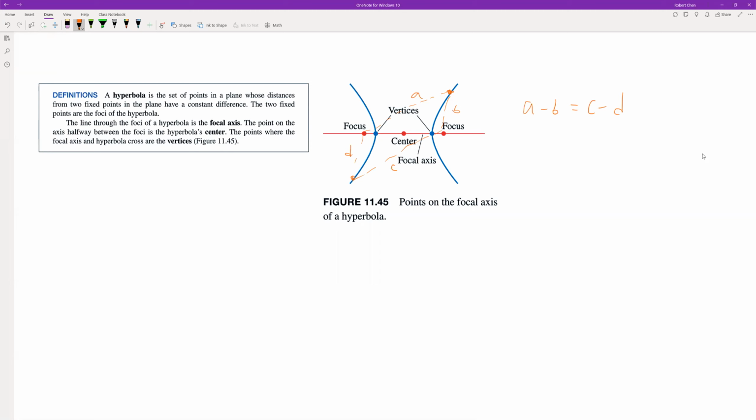Different than an ellipse, where when you add them up, you get the same thing. But for a hyperbola, you subtract them and you get the same difference.